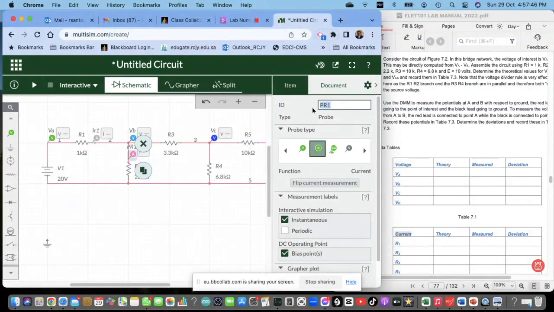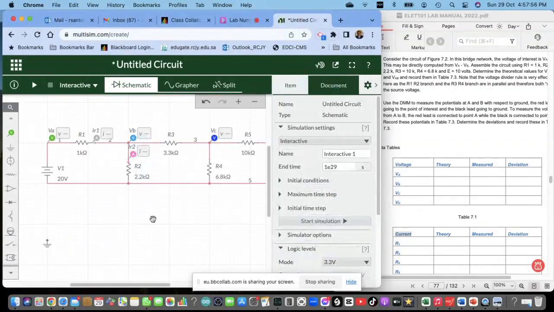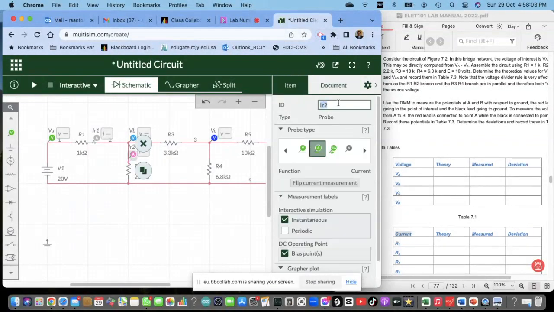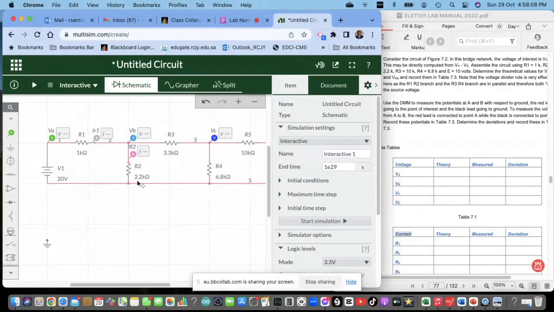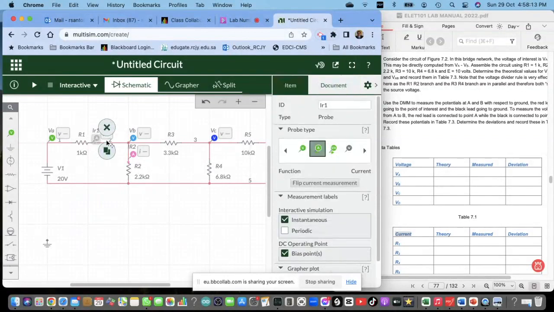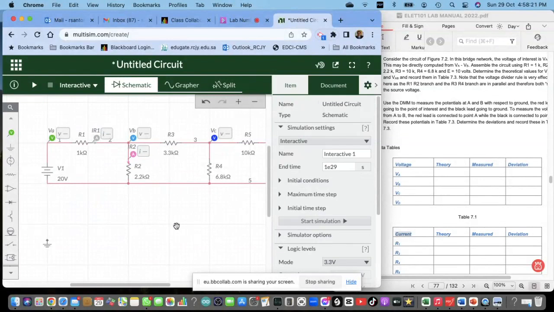Let's call it IR2. Then we have this one, let's change it to IR1.